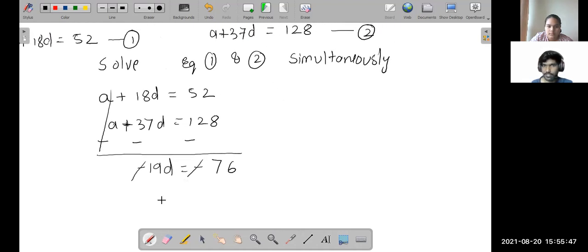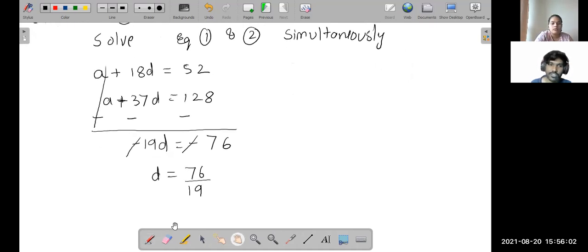Minus minus cancel on both sides. So D will be 76 upon 19, which is 4. 19 4s are 76. So D is 4.